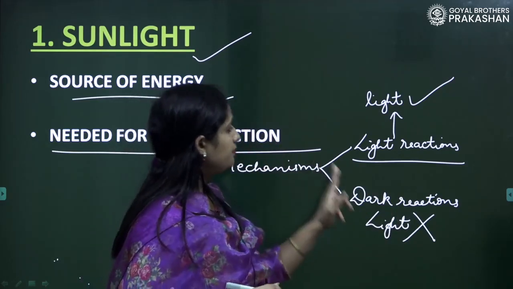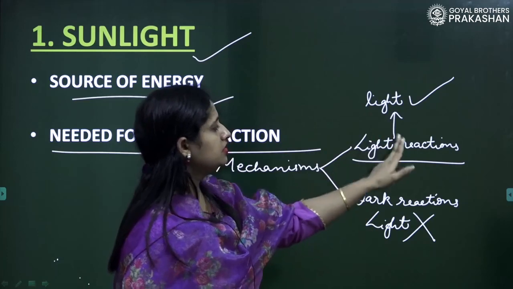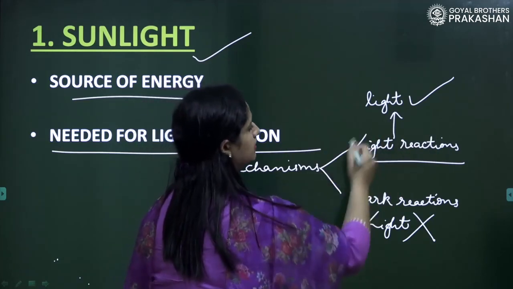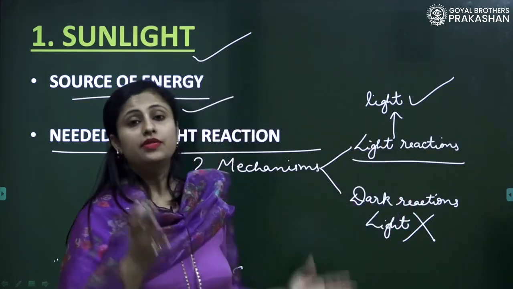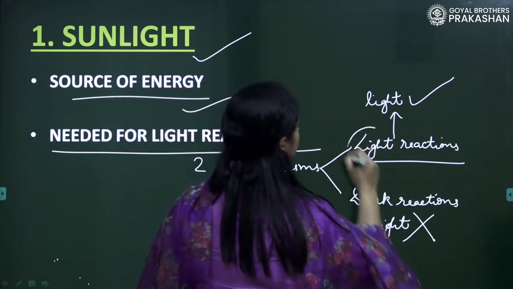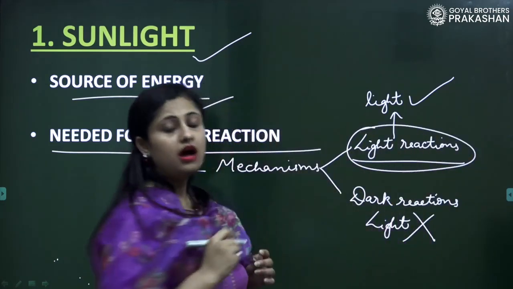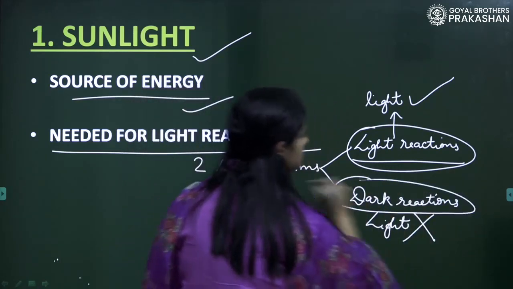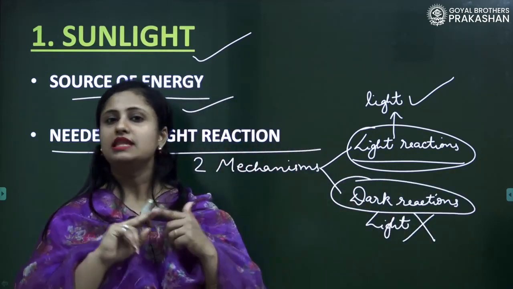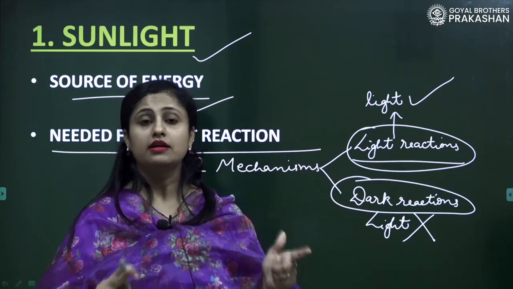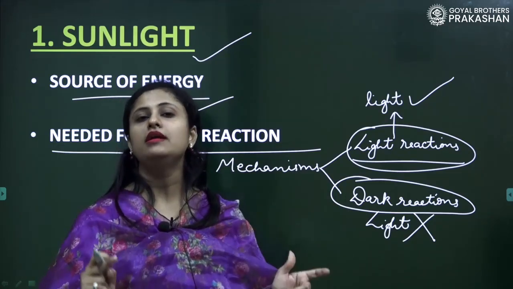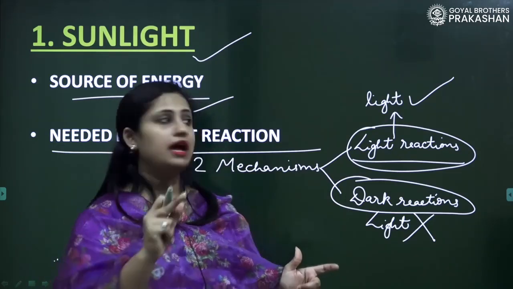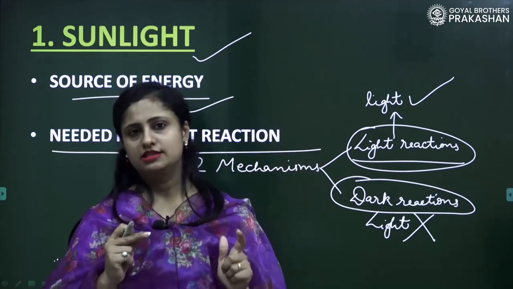However, the products formed during the light reactions are used up to carry out the dark reactions. So, in dark reactions, light is not required, but yes, dark reactions are dependent on the products formed at the time of light reactions.